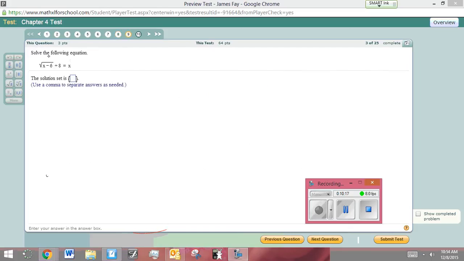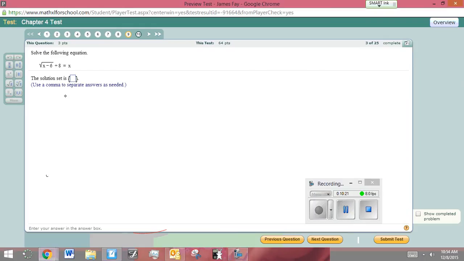Again, a radical equation, so I've got to isolate the radical part. So I'm going to go radical x minus 6 equals x minus 8. Square both sides gives me x minus 6 equals (x minus 8) squared, which becomes x squared minus 16x plus 64, and this is still x minus 6.